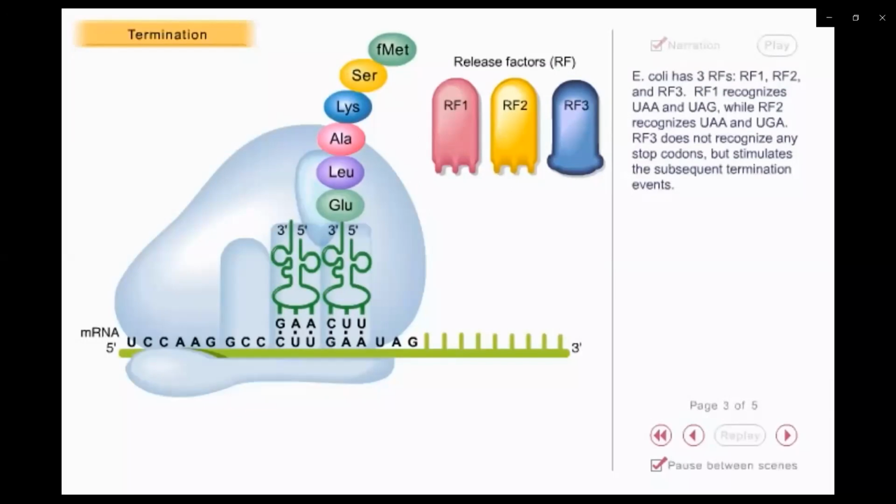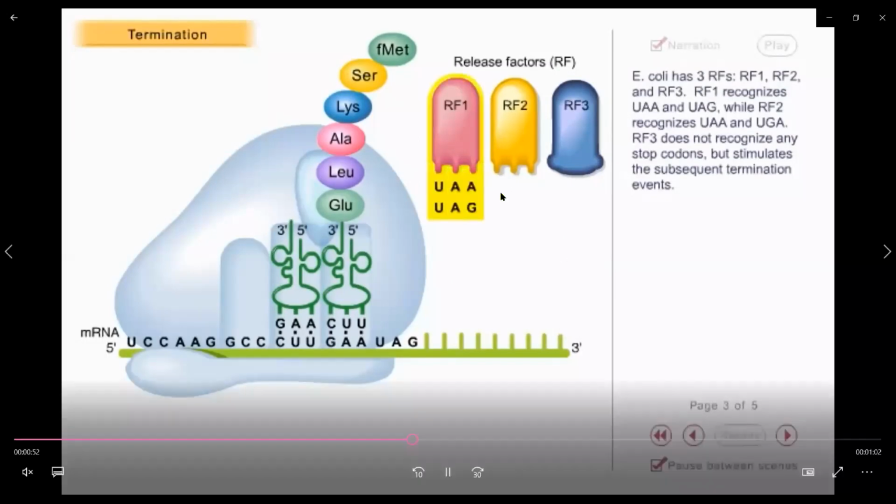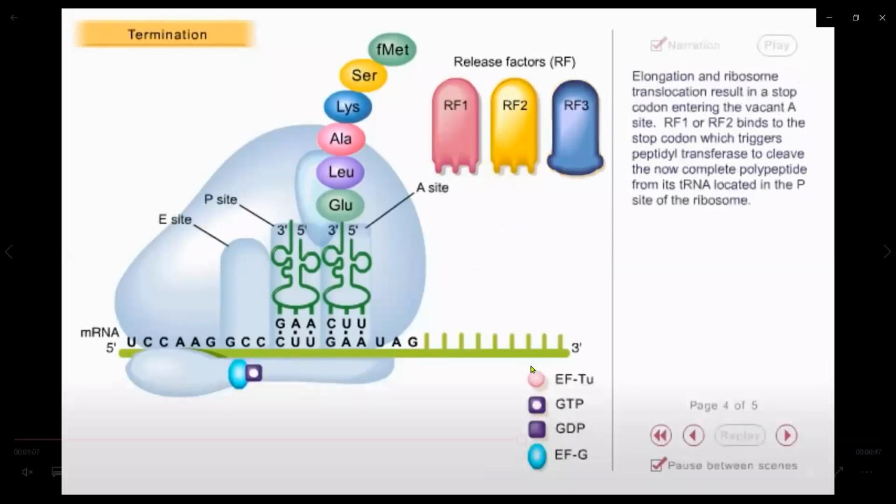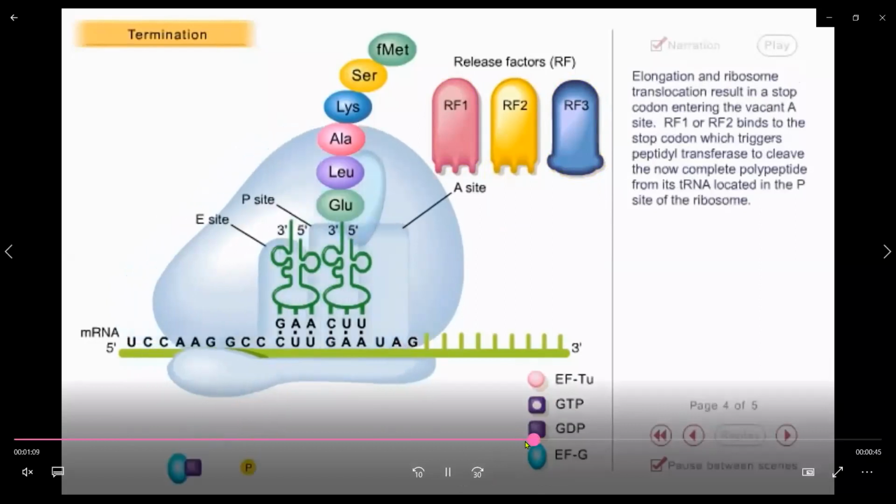So we have RF1, release factor 1, release factor 2, release factor 3. You can see release factor 1 can recognize UAG, release factor 2 can recognize UAA, UGA, and release factor 3. Let's go over that once more.